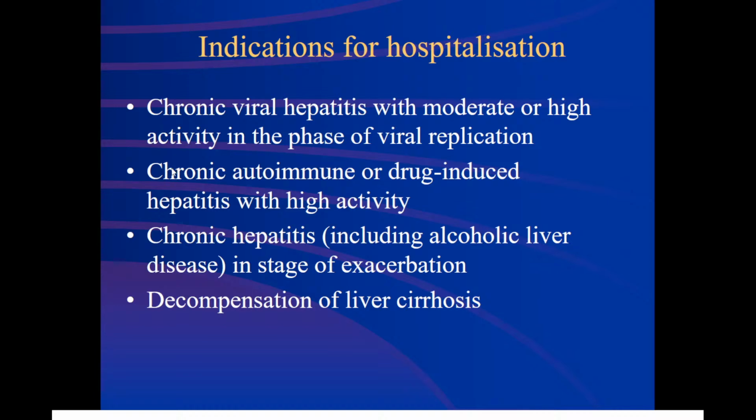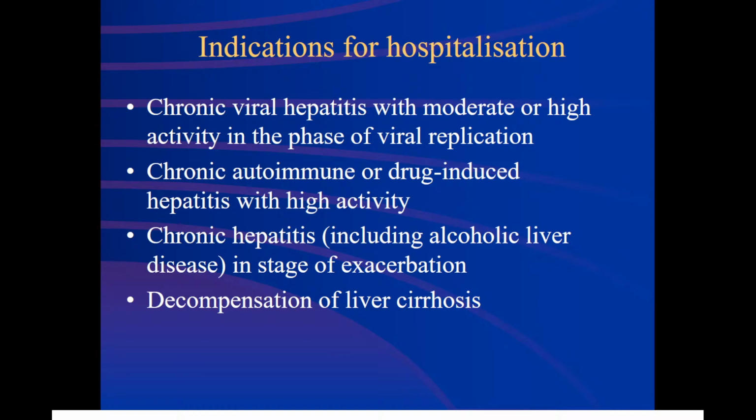Another indication, chronic autoimmune or drug-induced hepatitis with high activity. Don't leave a patient with moderate and high activity at home. It is better to hospitalize them because high activity of liver disease means, first of all, a high level of damage of the hepatocytes, which is characterized by high levels of ALT, AST, hyperbilirubinemia, and so on.